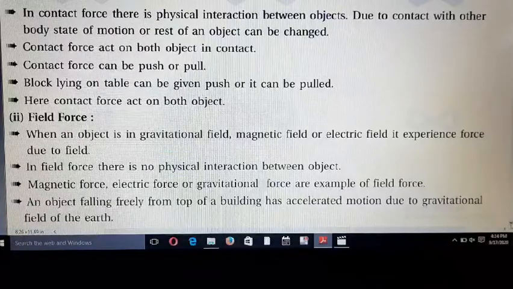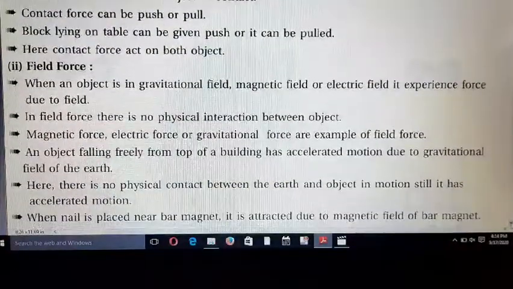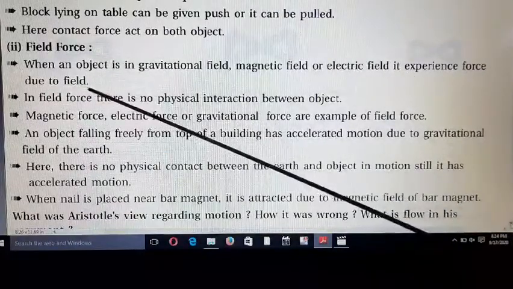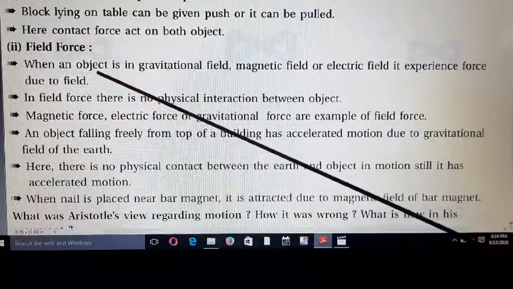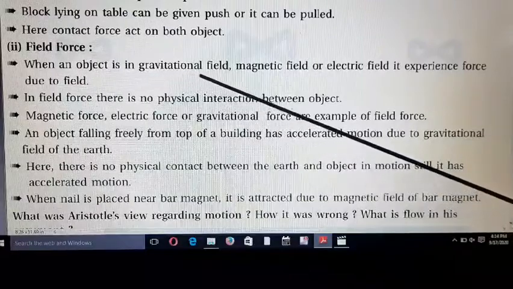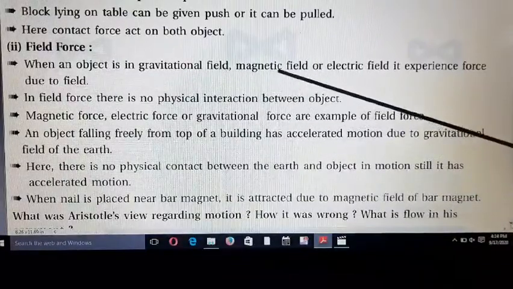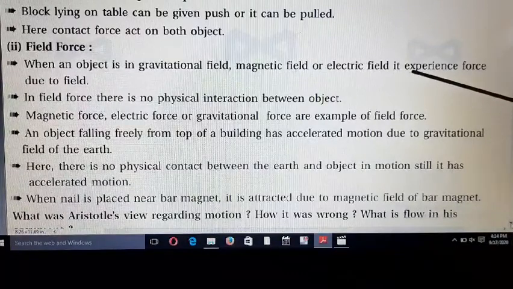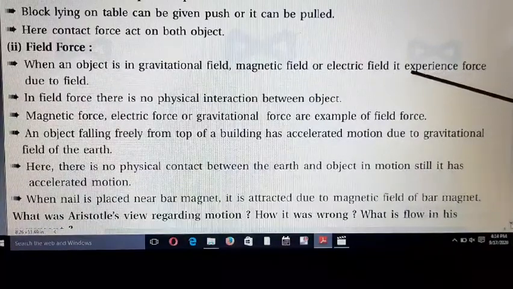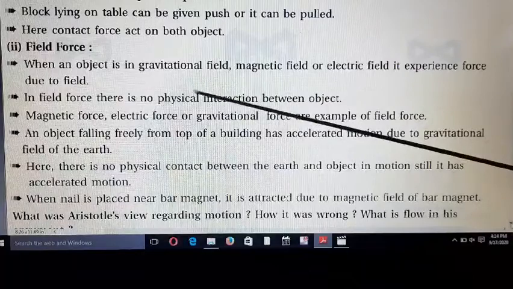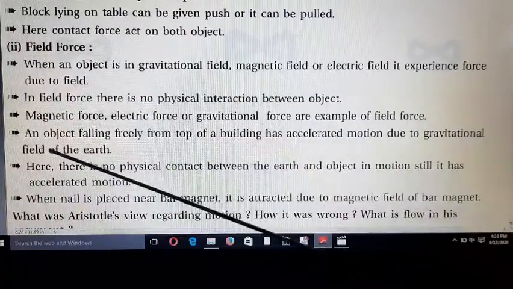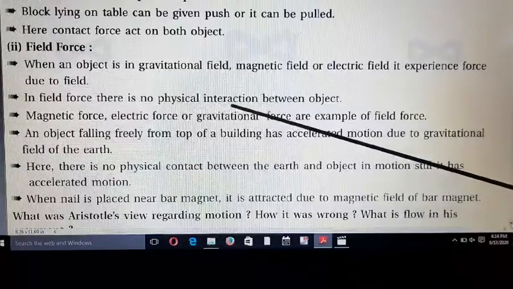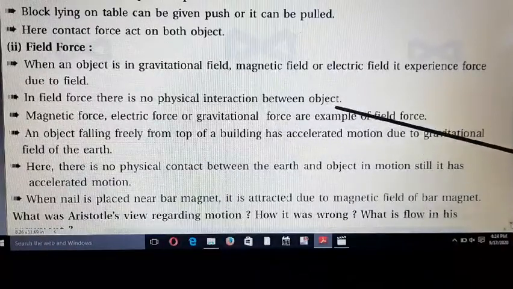And second type of force, field force, otherwise non-contact force. When an object is in a gravitational field, magnetic field, or electric field, it experiences force due to the field. In field force, there is no physical interaction between objects.